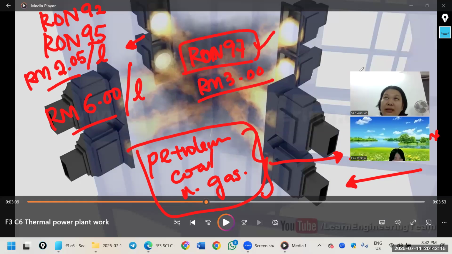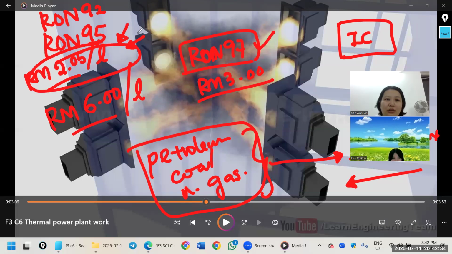The government said, not sure when, soon, when you want to pump petrol, you need to insert your IC first. Yes, because they don't want to give our cheap petrol to the foreigner. Now the foreigner also uses this price.